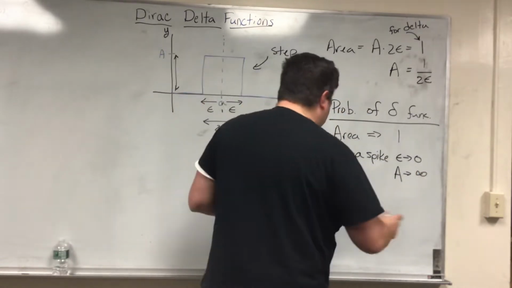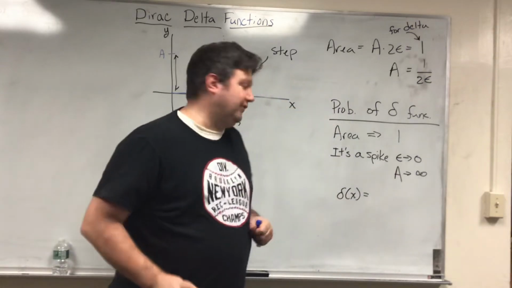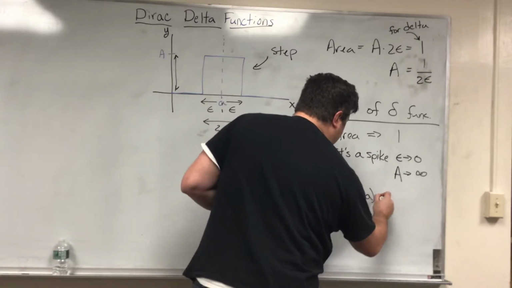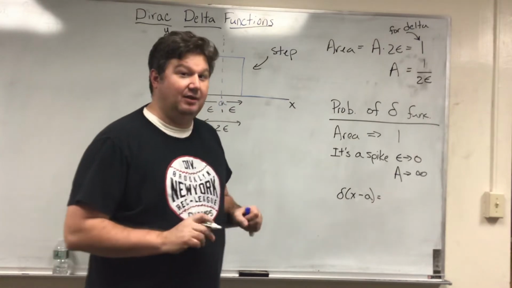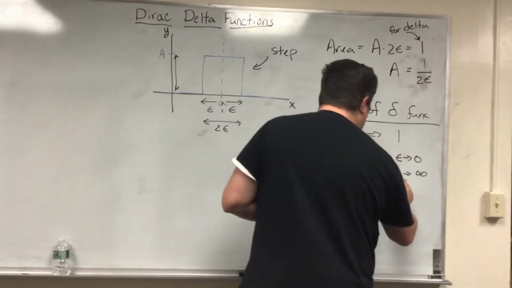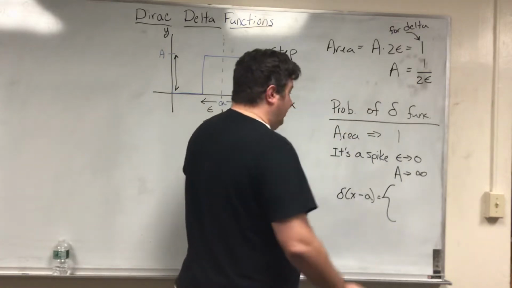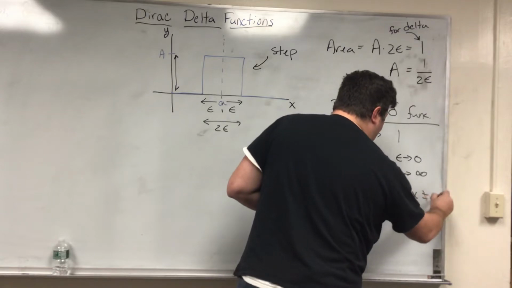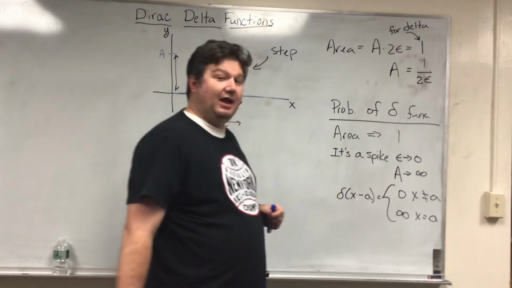So what you get is something that looks like this: a delta function of x minus a, of course. We move it, it doesn't have to be right at the origin. It's going to be 0 whenever x doesn't equal a, and it's going to be infinity when x equals a.